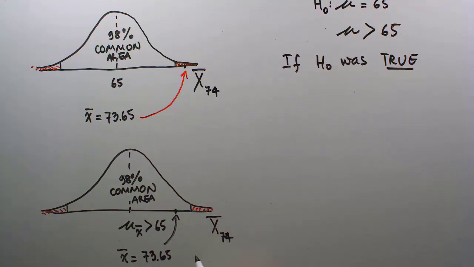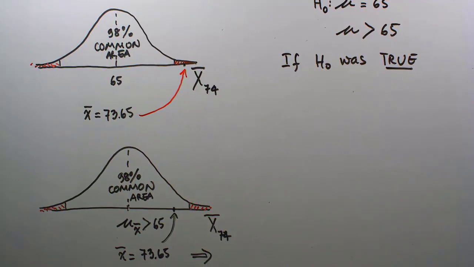Or in another way of saying, if the claim is shifted to the right high enough so that the common area would now contain the sample mean value inside of it, then this sample mean would no longer be an unlikely sample. So if x bar stays inside of the common area, then that leads to saying that x bar is a common value.